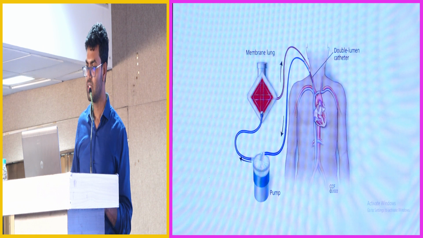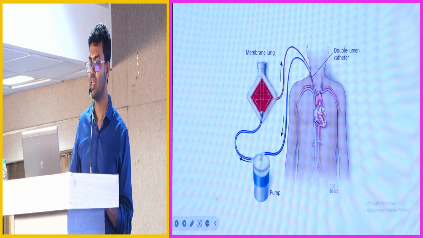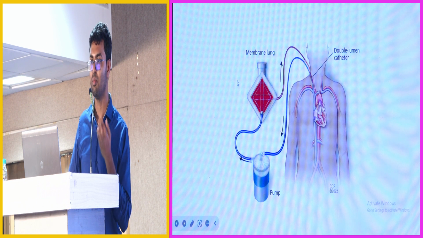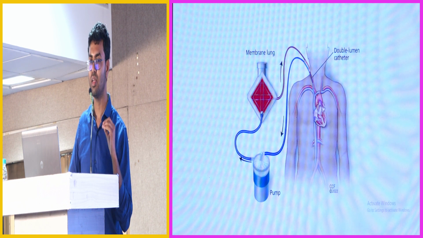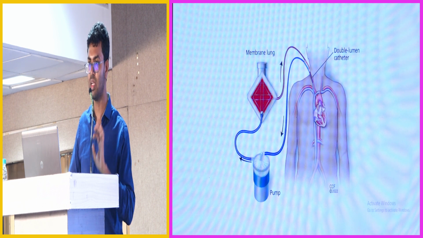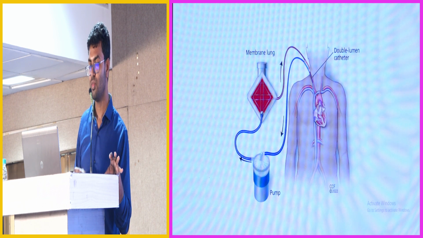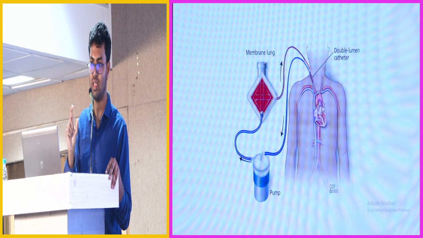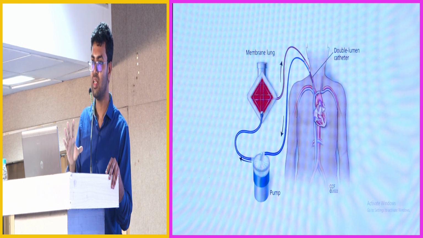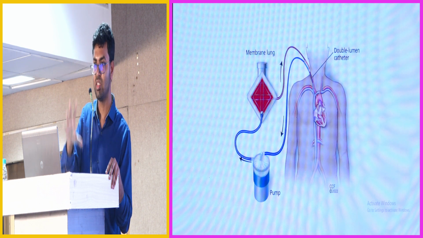But this is the same oxygenator circuit, only here we will have a high VQ ratio. Ventilation will be very high, but the perfusion will be very low, so that the CO2 is completely washed out, but you won't be able to maintain oxygenation; only the CO2 will be washed out. So where can we use this? I have told you already: where you want to use very ultra low tidal volume ventilation. But in the studies they did, they were not able to achieve that tidal volume.